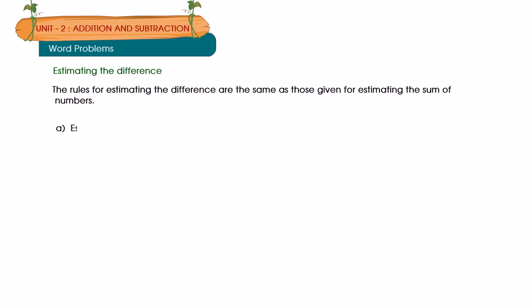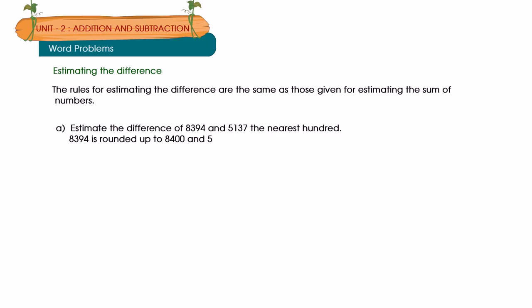A. Estimate the difference of 8,394 and 5,137 to the nearest hundred. 8,394 is rounded up to 8,400 and 5,137 is rounded down to 5,100. 8,400 minus 5,100 is equal to 3,300.